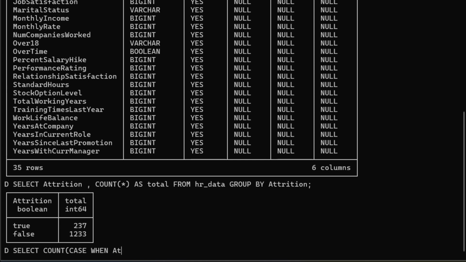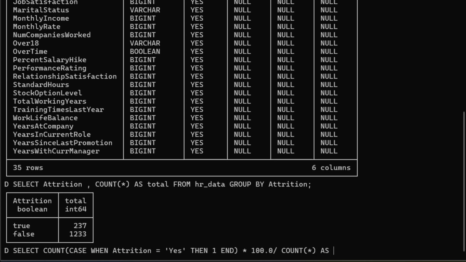attrition is, let's say, equal to 'Yes', then 1 END. Okay, let's use a star, and that star shows the multiplication, 100.0 divided by the count.